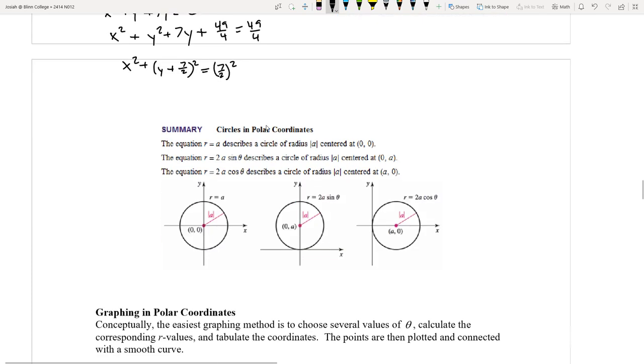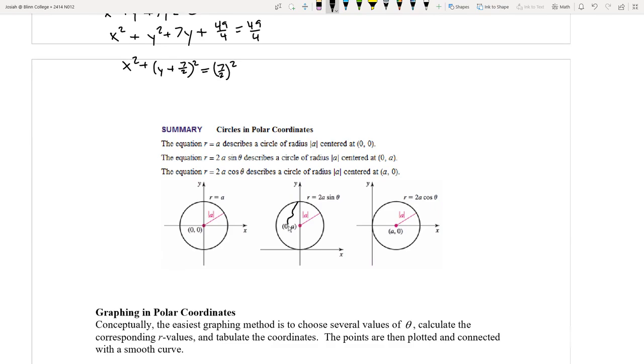And here's our summary of that. So we have r equals a. Here's our circle of radius absolute value of a, about the origin. If we have 2a sine theta, we're going to be going along the y-axis. If a is positive, we're going to be above it. If a is negative, we'll be below.